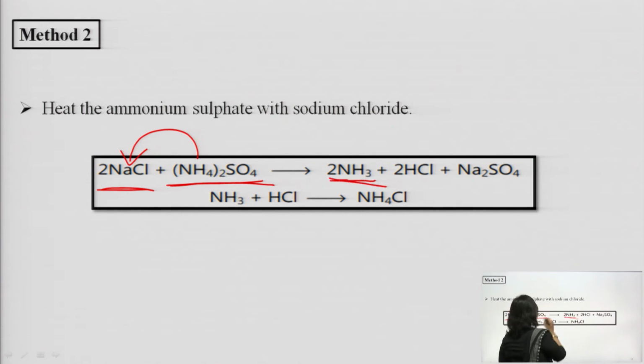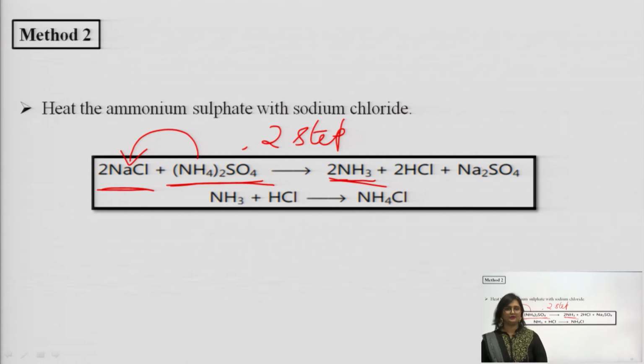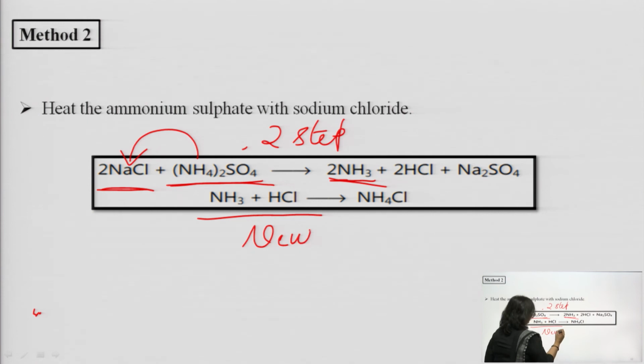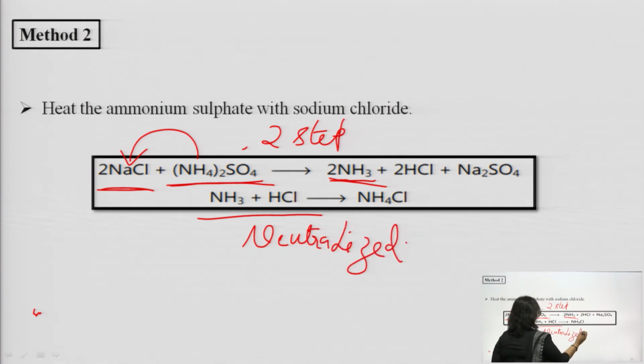In step number 2, this ammonia is neutralized with hydrochloric acid, a strong acid, and it produces NH4Cl.